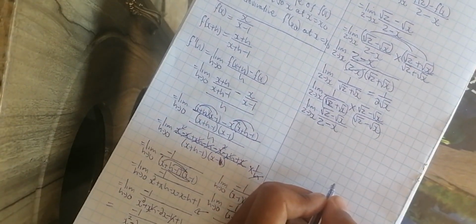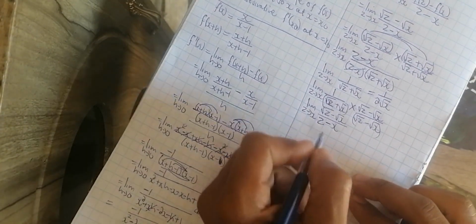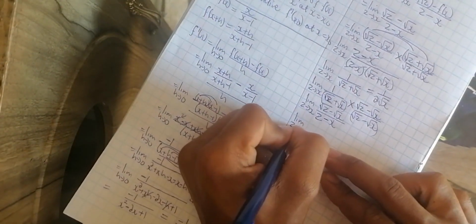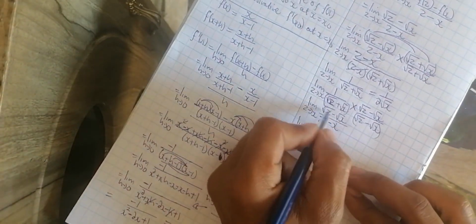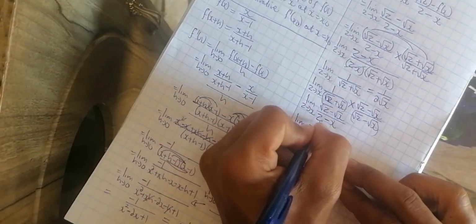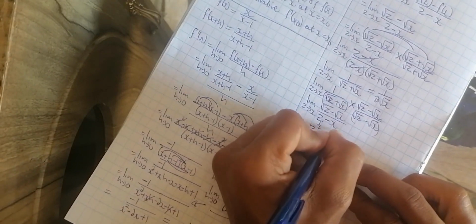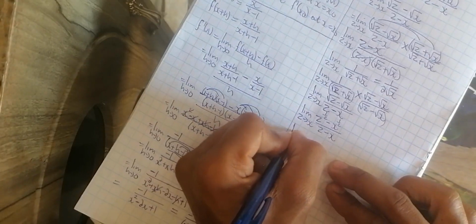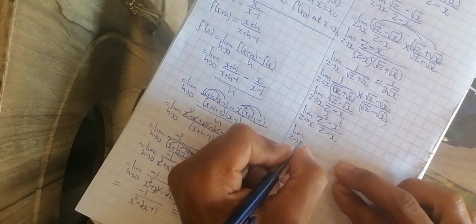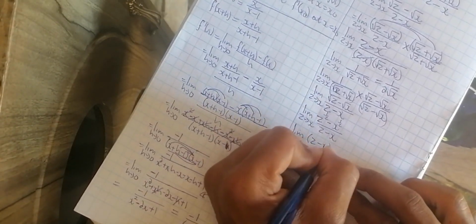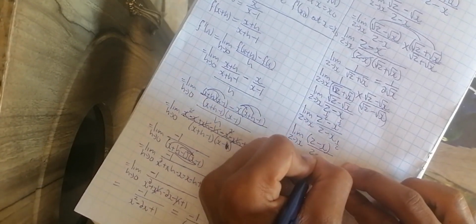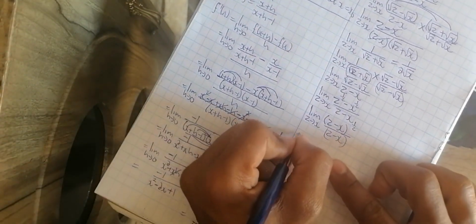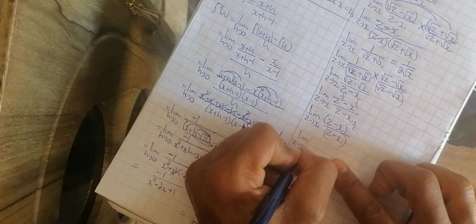Now when we are in here, now remember, I will have the limit as z approaches x, and what is happening here? This is z to the 1/2 minus x to the 1/2 all over z minus x, and I can say the limit as z approaches x of (z minus x) to the 1/2 all over z minus x. Very, very important here. Now the limit as z approaches x.